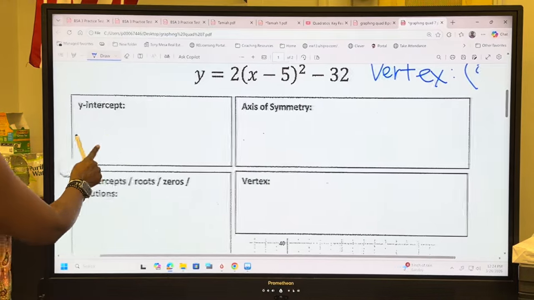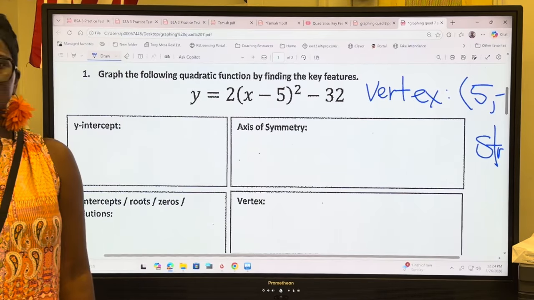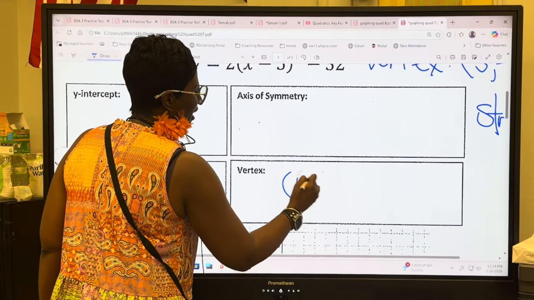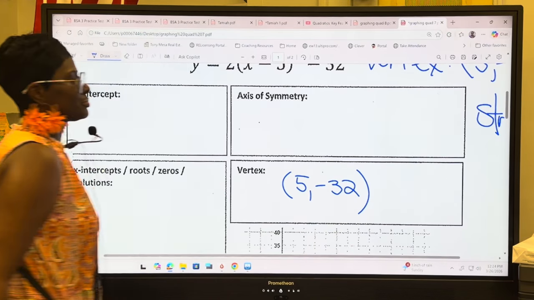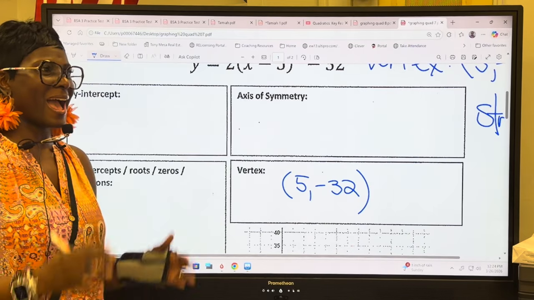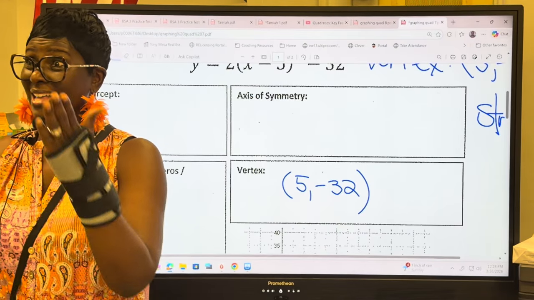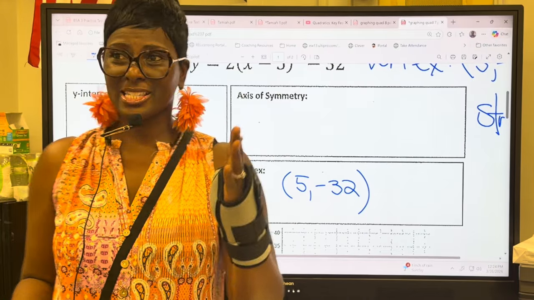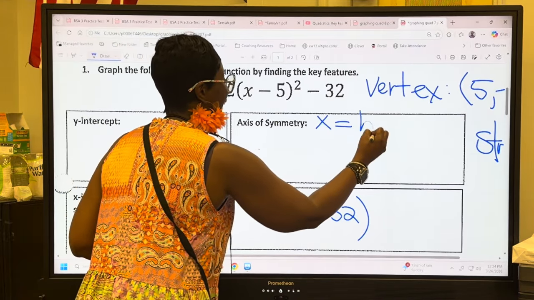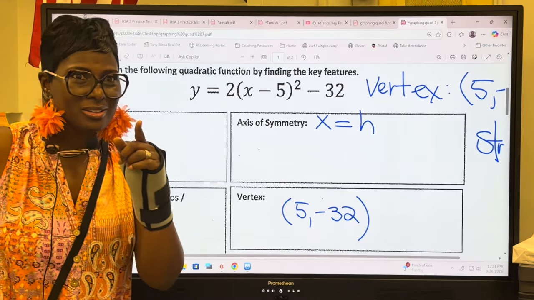All right, let's go. Without doing any work, what key feature can I give you right now? Vertex. What is that going to be? (5, -32). As soon as I have the vertex, I also have something. What is that something? Axis of symmetry. What is the axis of symmetry? X equals h. Think.